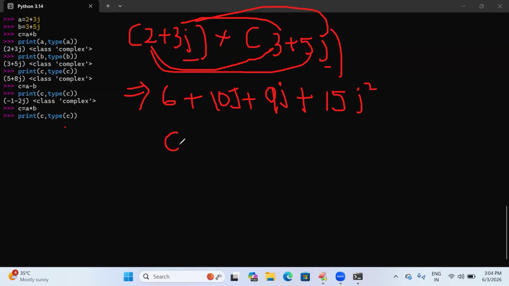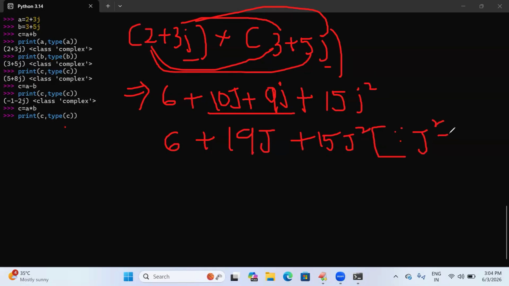So here 6 plus 10j plus 9j is 19j, right? Both are j, plus 15j square. We have declared j square is equal to minus 1, right? So that minus 1 will be used here. In the place of j square, substitute minus 1.